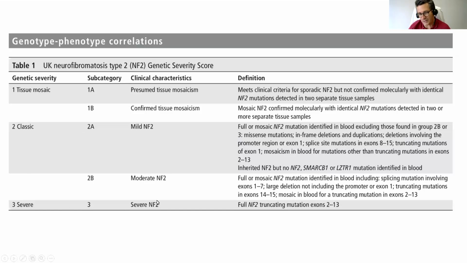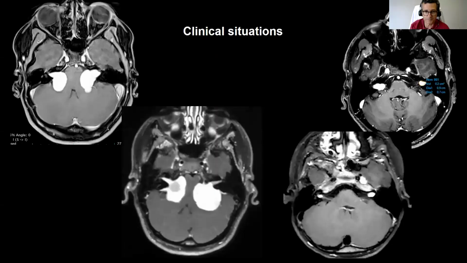And I think it's now very important to take into account this classification to manage the NF2 patient, because when there is a patient with a severe NF2 type 3, we know that the patient will face many tumors, very fast growing vestibular schwannoma, and probably it will change the way to manage the tumor.